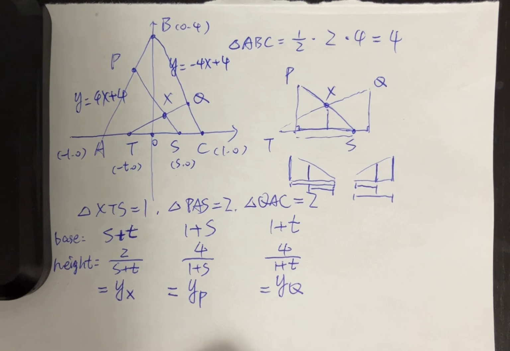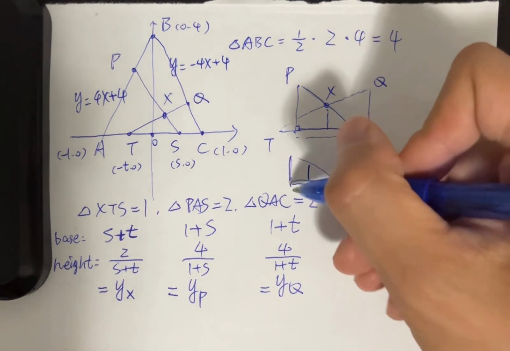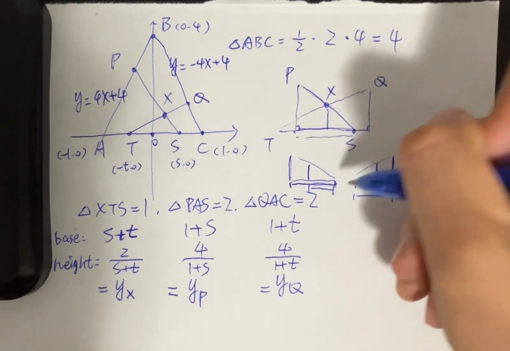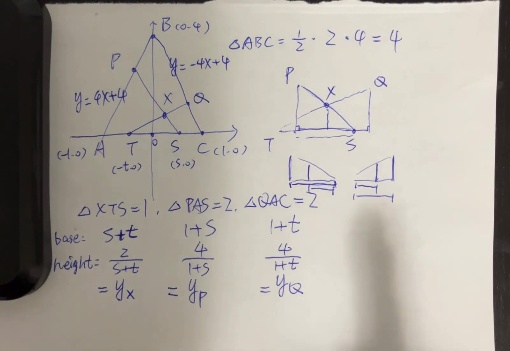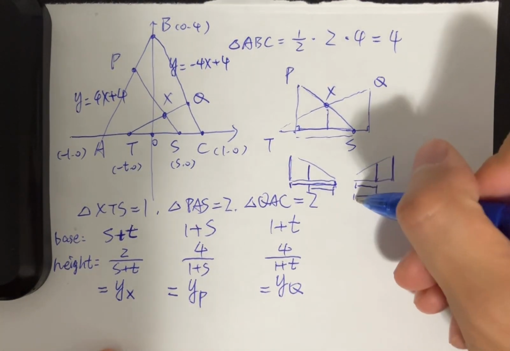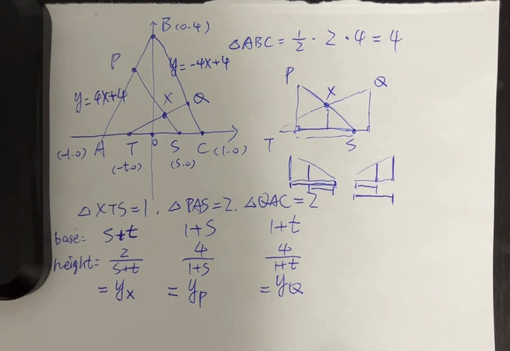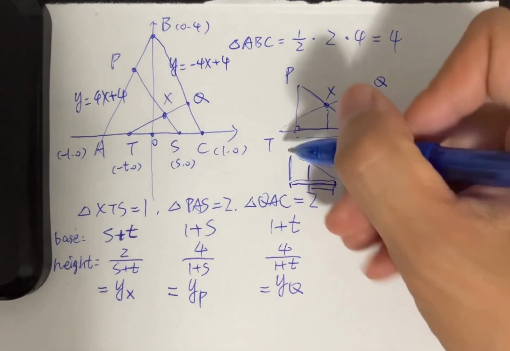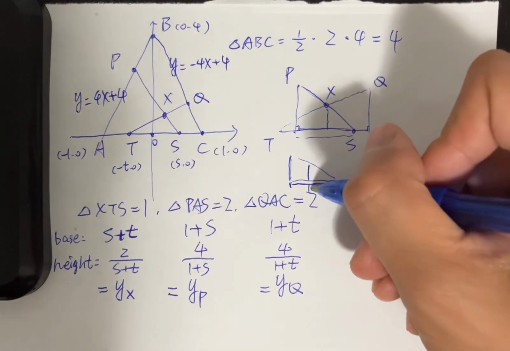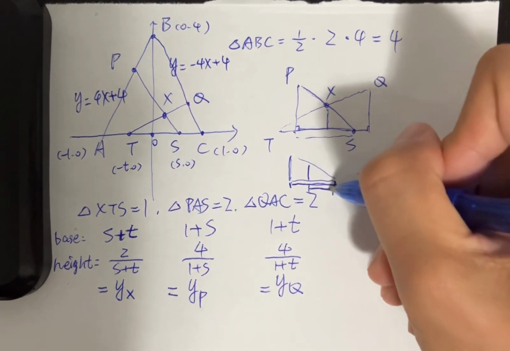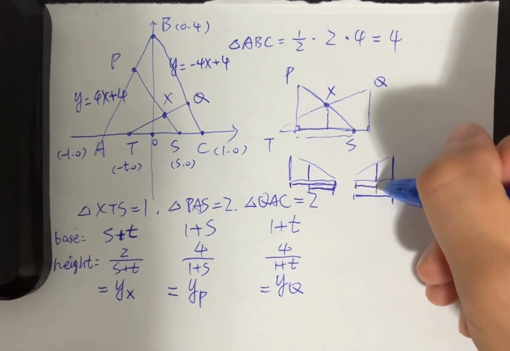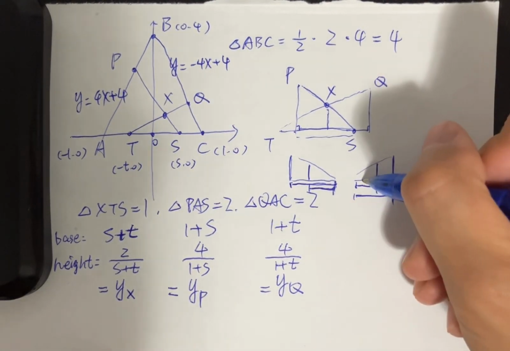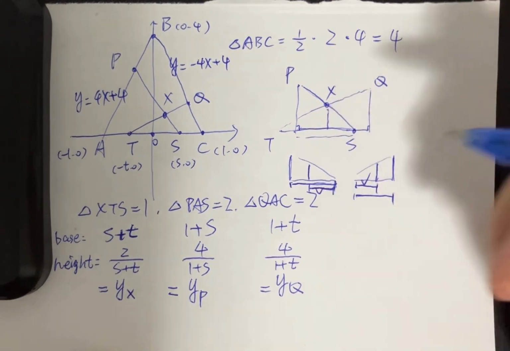We can express it in terms of S and T. So the length of the longer segment is already known, okay? And for the same reason, the length of this longer segment is already known, all right? And we have the ratio of similarity, so we can tell the length of this short segment. For the same reason, the length of this short segment, all right? So it is known, and it is known.